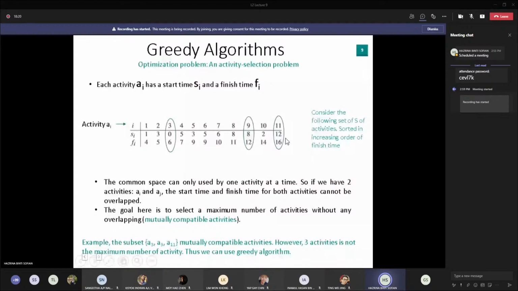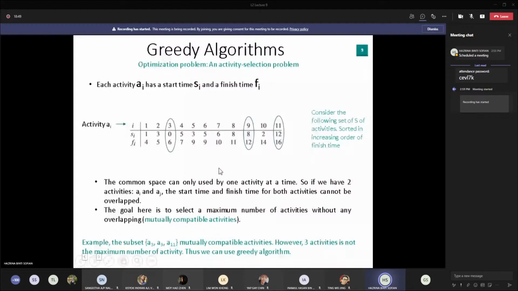If we just look at a glance, we can see that A3, A9 and A11 are mutually compatible activities. However, 3 activities is not the maximum number of activities in this case.